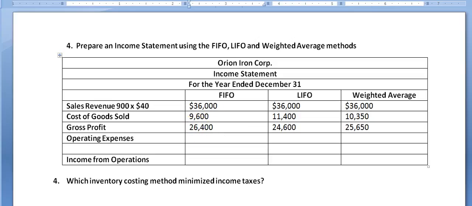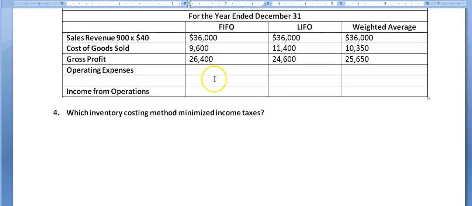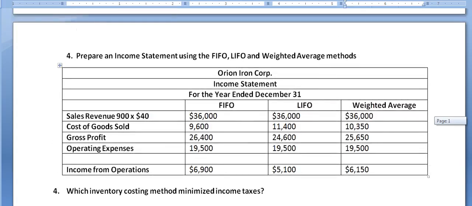If we subtract out the operating expenses also given to us in our problem above, 19,500, the same for all 3 methods, we get income from operations of 6,900 for FIFO, 5,100 for LIFO, and 6,150 for weighted average.